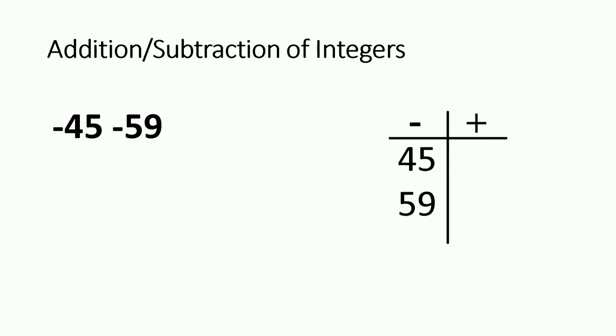Since there are no positives to nullify any tiles, we simply add both tiles to give me 104 tiles. So what would be the sign of the answer? Our sign would be determined by the sign above the column. So our answer would be negative 104.